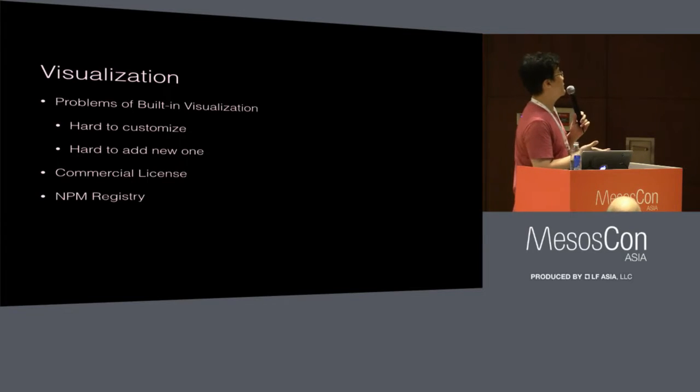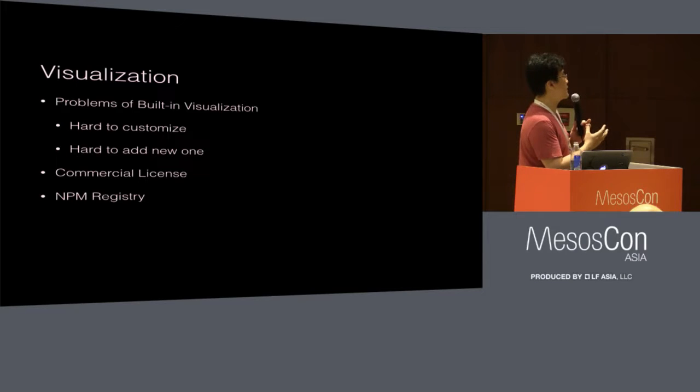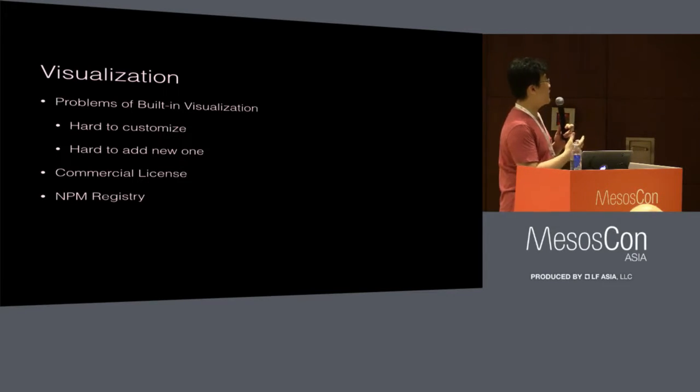And what's the difference of the Helium visualization? Built-in visualization has several problems. For example, it's hard to customize because the built-in visualization is under the Zeppelin web app. So if you want to add a visualization, you have to know about the whole Zeppelin web app project. For the same reason, it's hard to add a new one into the Zeppelin web app.